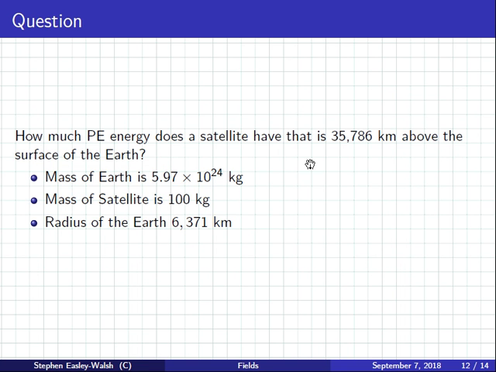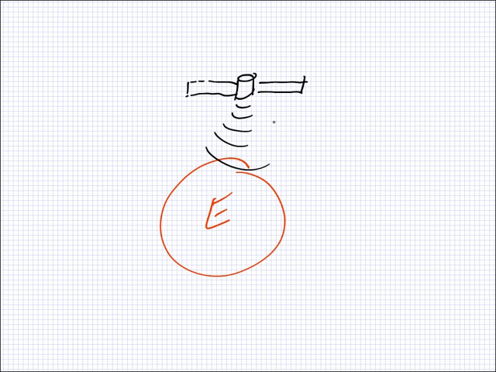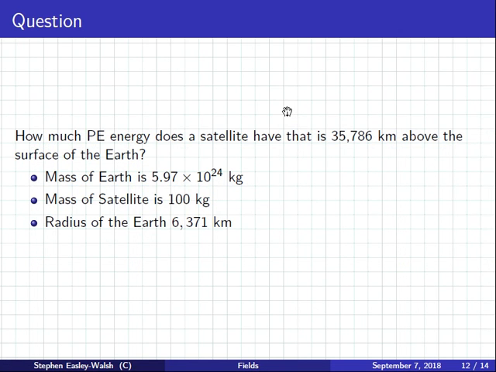I've given you this distance, and you can't use mgh because the h is too big. It only works when it's small. But also we can use r.